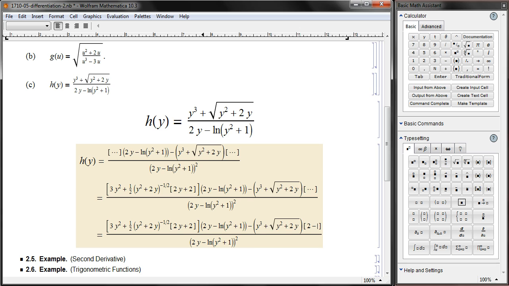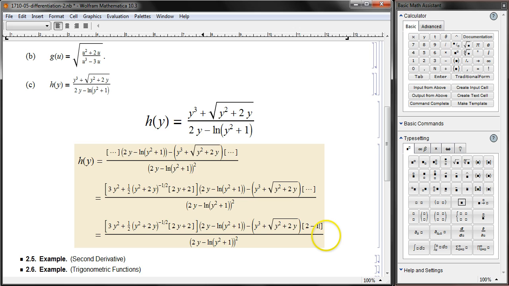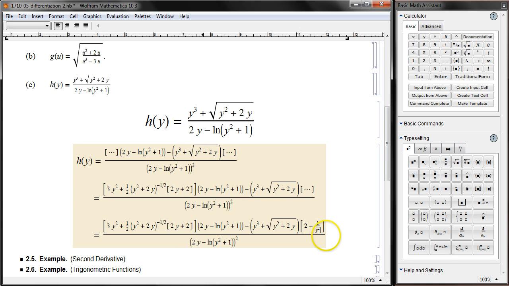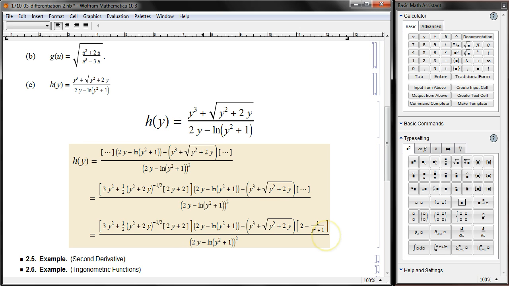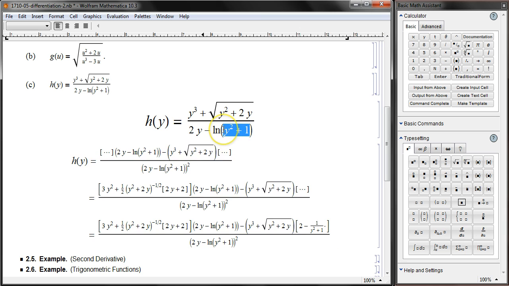here comes a chain rule again, the derivative of this logarithm. Let's see, what's the derivative of log function? 1 over x, isn't it? So 1 over that thing, times, we have to multiply the derivative of the inside. What's the derivative of the inside? 2y.